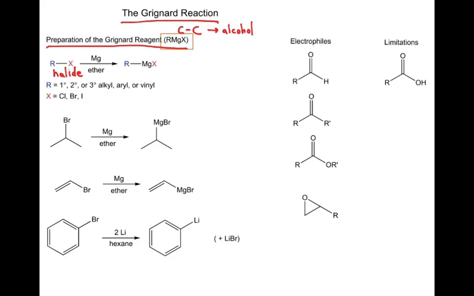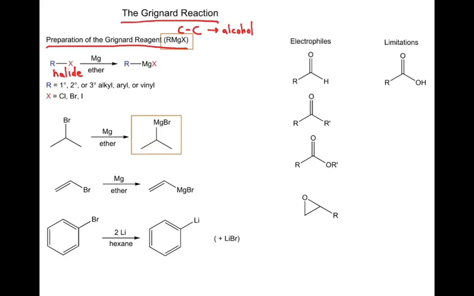All we really need to know is that this magnesium is going to insert right in between the carbon-bromine bond. So we now have a new bond from carbon to magnesium, and then magnesium to our bromine, and this in fact is our Grignard reagent.